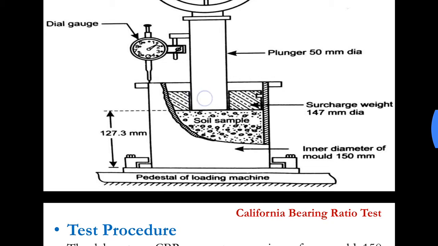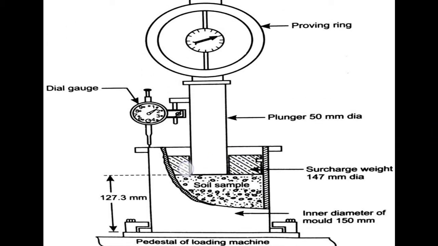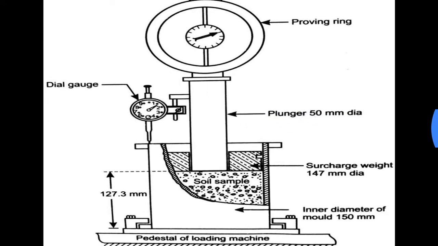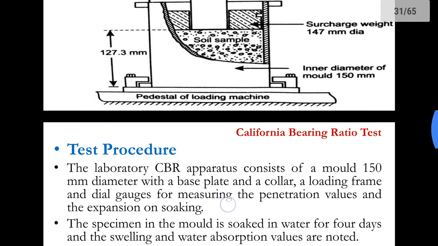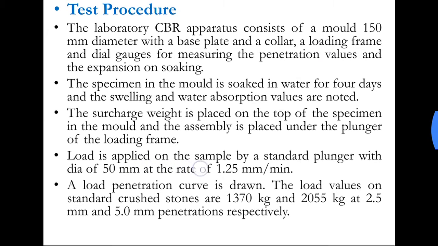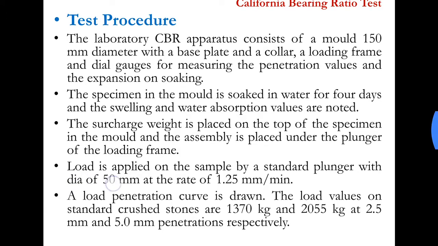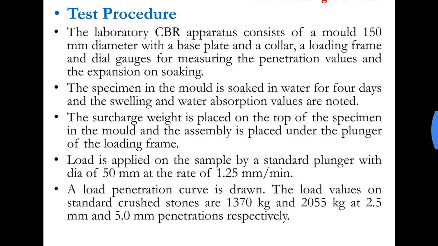There is a circle cut out of a diameter greater than 50 mm through which the plunger can penetrate the soil specimen. Now the load is applied on the sample by a standard plunger with a diameter of 50 mm at a rate of 1.25 mm per minute.